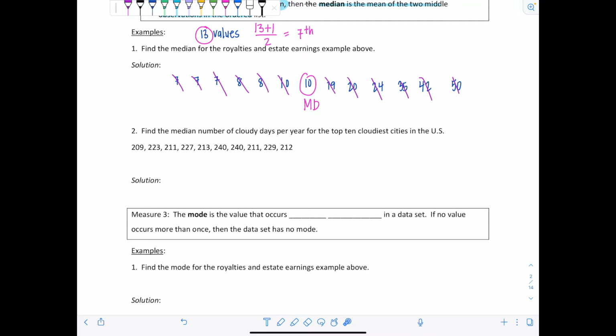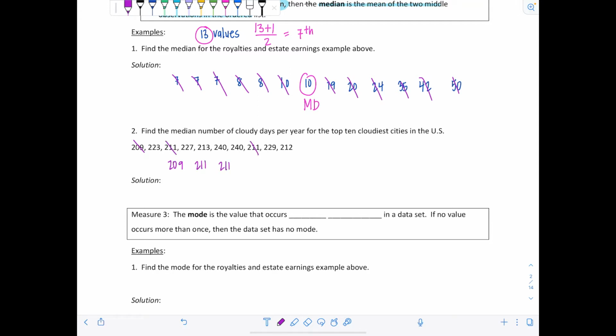Find the median number of cloudy days per year for the top 10 cloudiest cities in the US. Oh, how sad. Okay, this is not in order, so let's list the data values in order. 209 is the smallest. Then there's 211 twice.